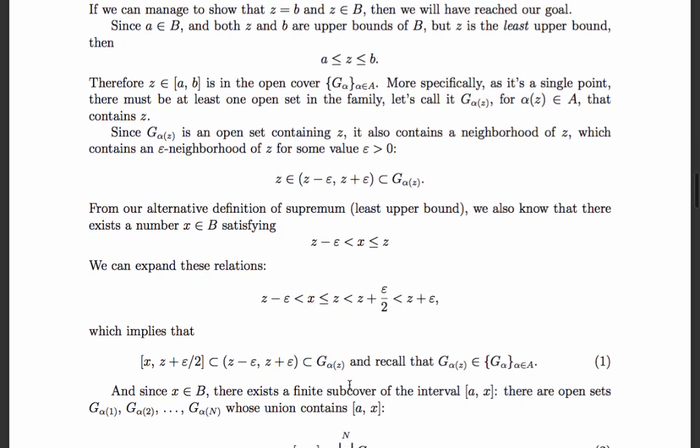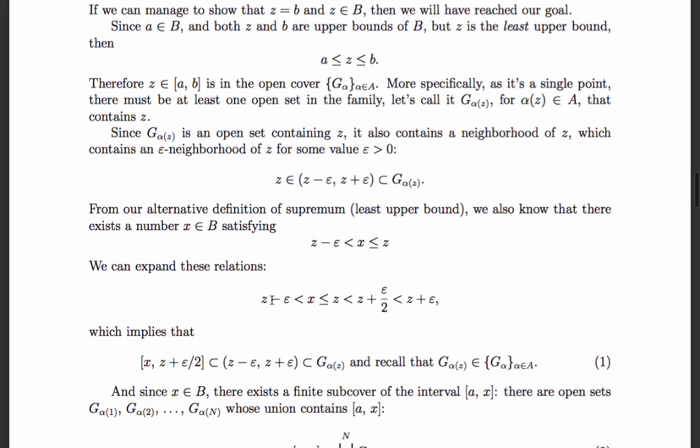Well, we can expand these relations. Z minus epsilon is less than x, which is less than or equal to Z. That's here. But of course, Z is less than Z plus half of epsilon, which is of course less than Z plus epsilon.